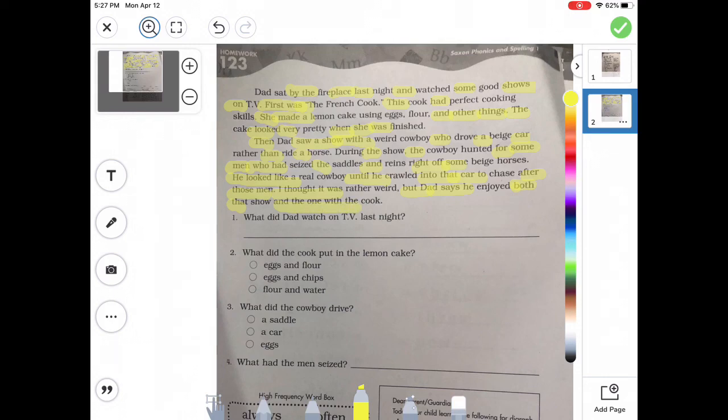So what did Dad watch on TV last night? Remember, he watched, you could just say some good shows, or you could list them, because it says right here, watch some good shows. So good shows. Or you could actually list the French cook and then the cowboy who drove a beige car.